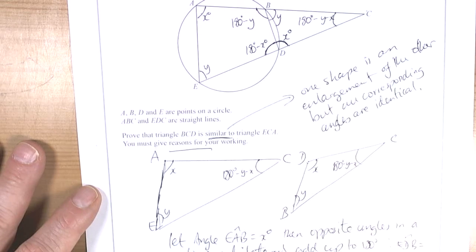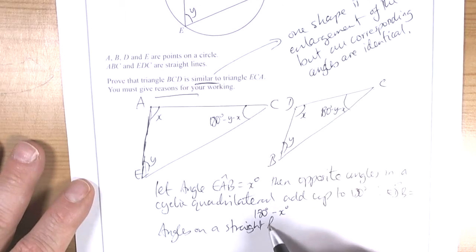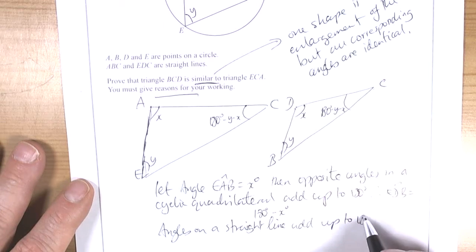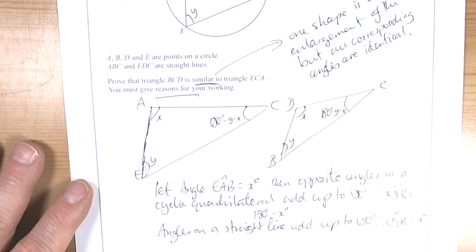Angles on a straight line add up to 180 degrees, therefore CDB equals x degrees.